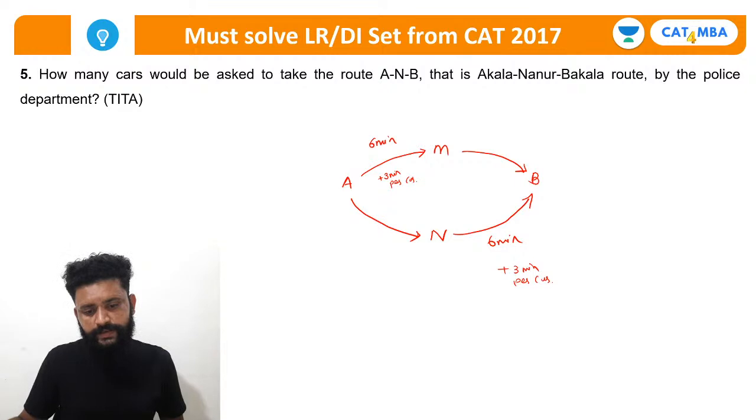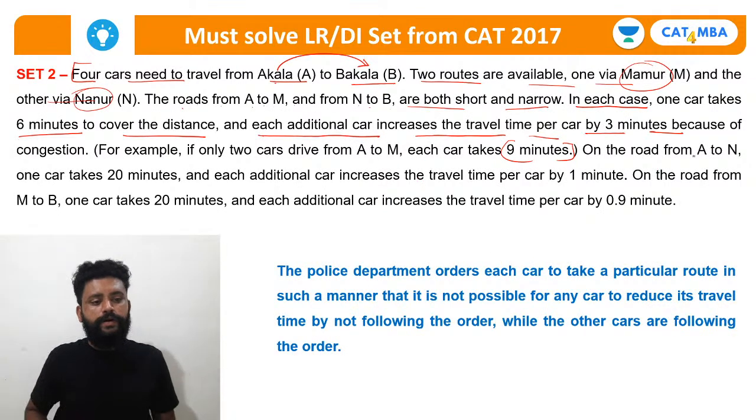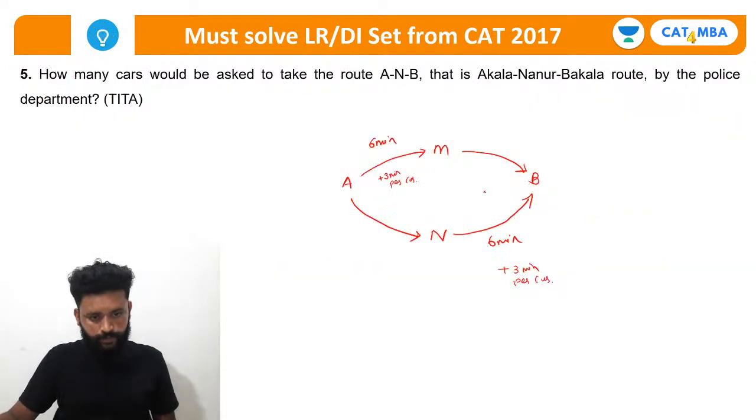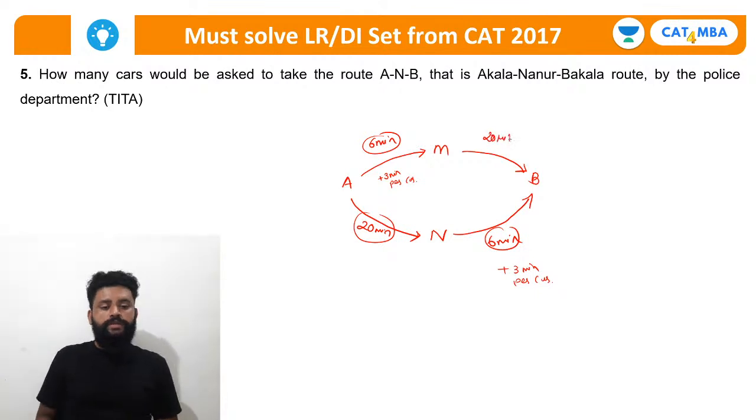Per extra car. Then we have A to N 20 minutes, M to B 20 minutes. This is the actual time. Also 20 minutes.